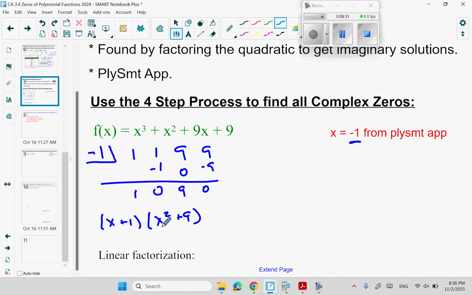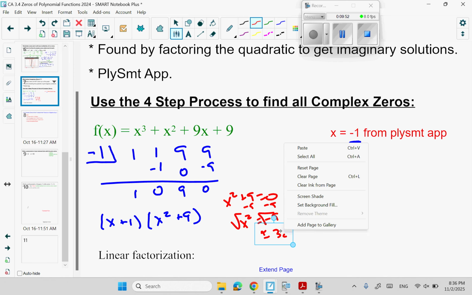And I could solve this. Normally I would try to factor. Unfortunately, it doesn't factor. So I can just set x squared plus 9 equal to 0. And I had -9, so I get x squared equals -9. Square root, square root. We are square rooting a negative. So that's why we're going to get plus and minus, in this case 3i.